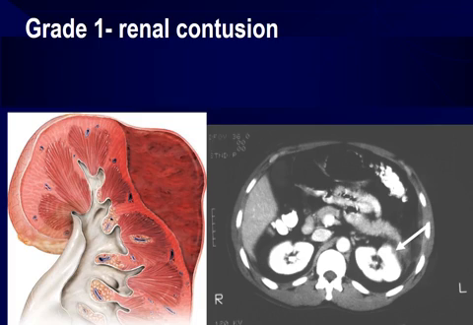Again, in the coming slides, we will show how the different grades of renal trauma look. This is a diagram on the left side for grade 1 renal trauma in the form of contusion, and how it looks in a CT with contrast, computed tomography with contrast.